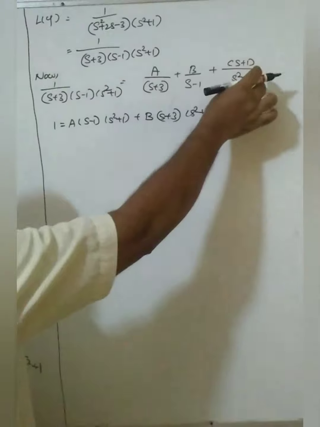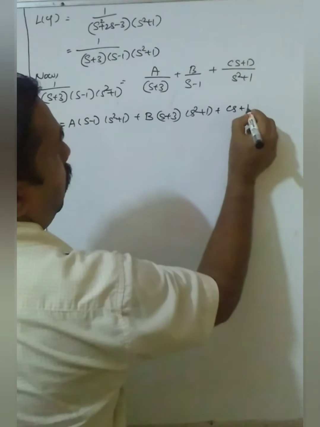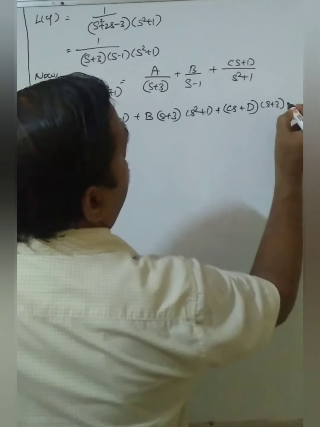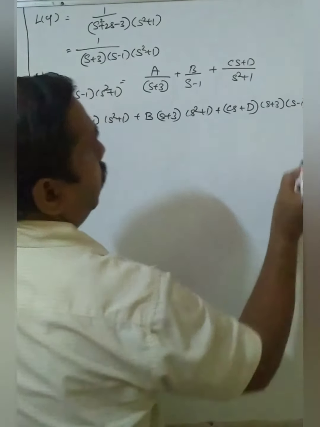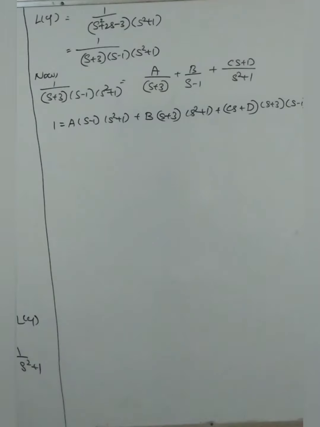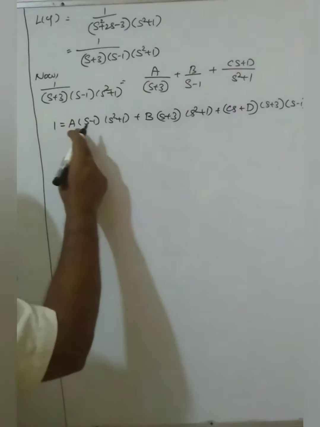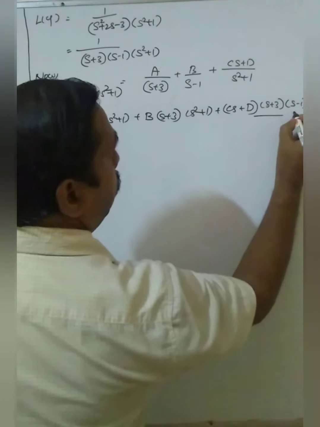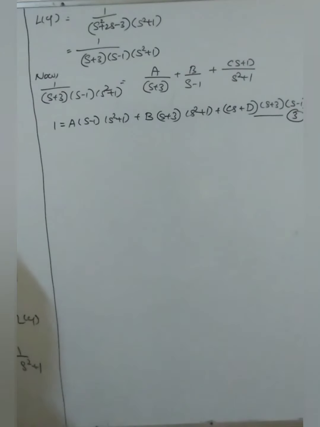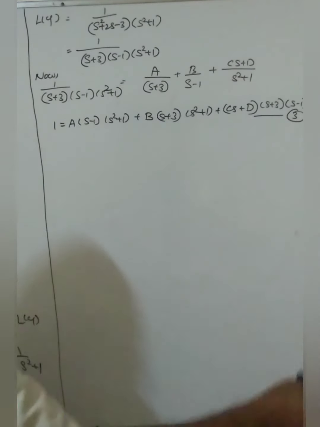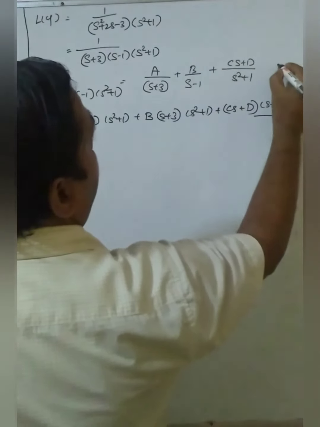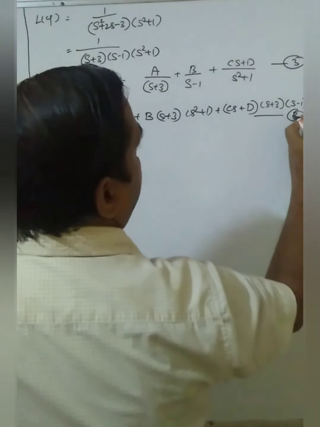The last one, except this term, that is cs plus d into s plus 3 into s minus 1. So now our aim is to find the values of a, b, c. So this is equation number 3, and this is equation number 4.